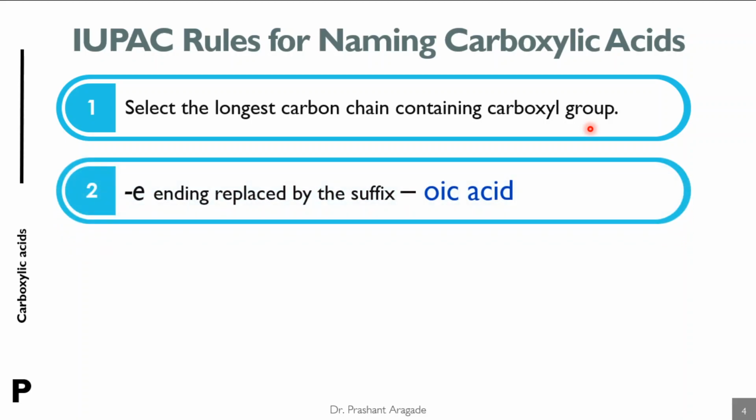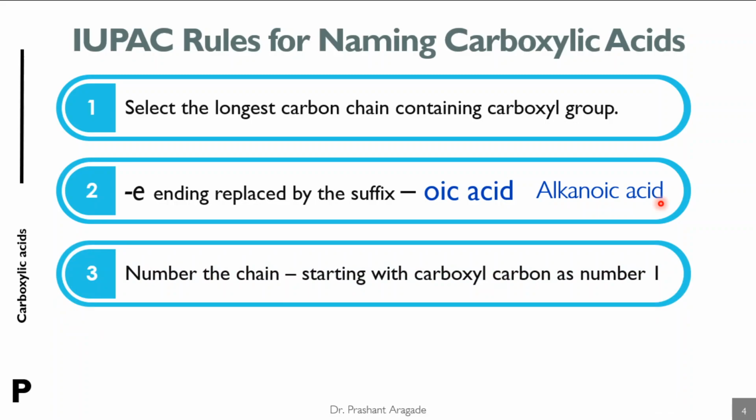Then you have to name the longest chain by replacing the E of the corresponding alkane by the suffix used for carboxylic acid, and the suffix for carboxylic acid is oic acid. So in the IUPAC system, carboxylic acids are named as alkanoic acids. So oic acid is the suffix used to give the name of a carboxylic acid by IUPAC rules.